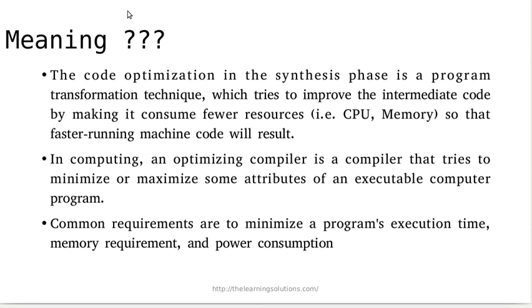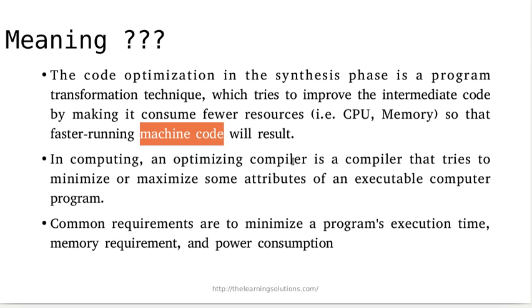So with code optimization, we transform our intermediate code into machine code through consumption of very limited resources. Which are the resources? It can be CPU, memory, or power consumption also.